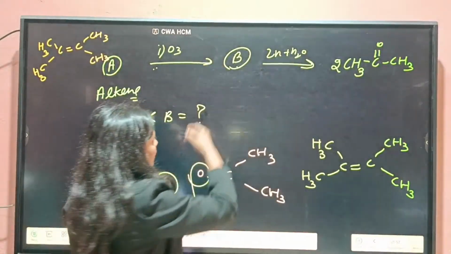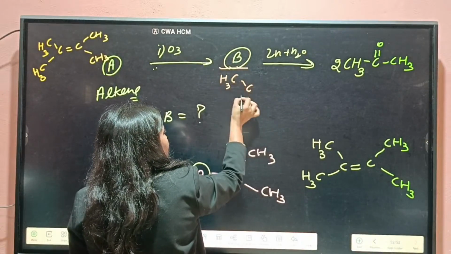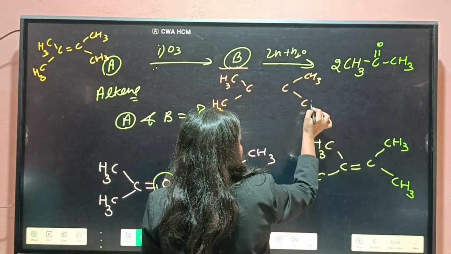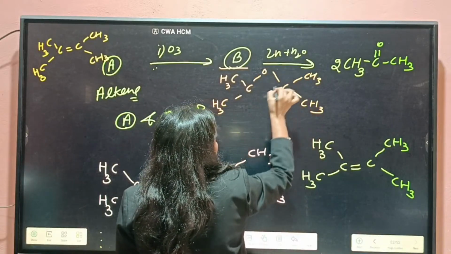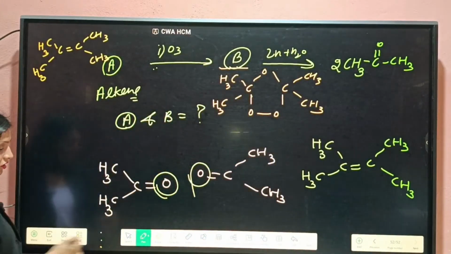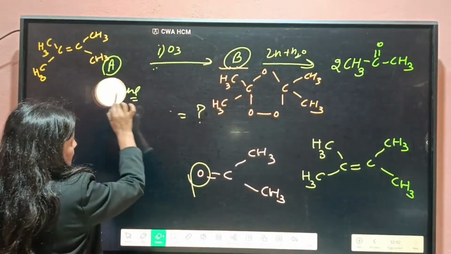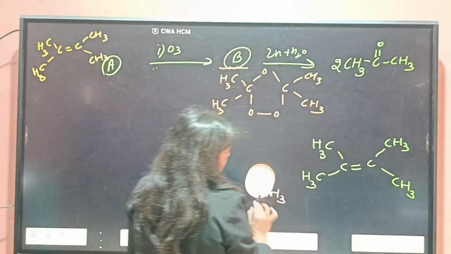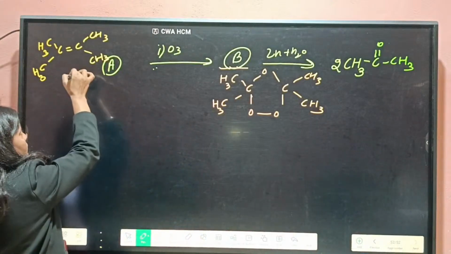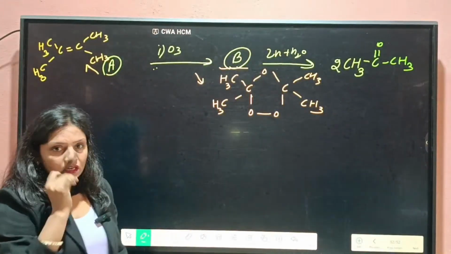Now what will be the ozonide? I already told, for the ozonide you will break the bond between carbon and carbon, and you will make bond with the oxygens. Here this one is A and this one is B. Clear or not?